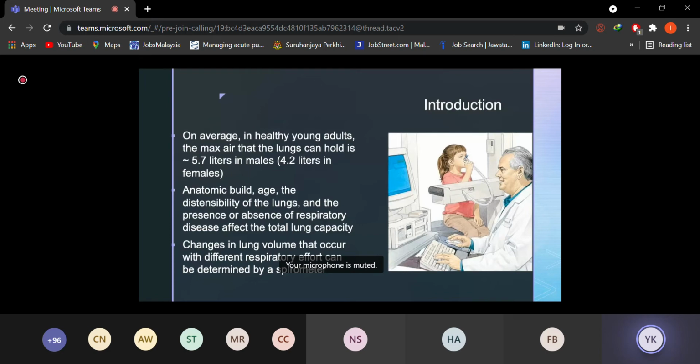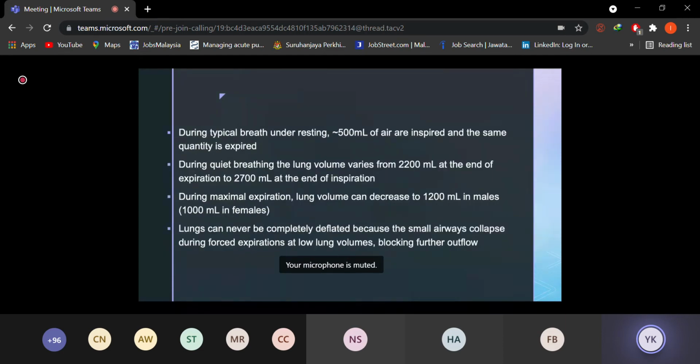Typically, under normal or quiet breathing, 500 mL of air goes in and 500 mL goes out. Breathing in and out is the same volume, unless you force yourself to inspire more or exhale even more. During a maximum expiration, the lung volume can decrease to about 1,200 mL. The lung can never be completely deflated, meaning it cannot totally collapse.